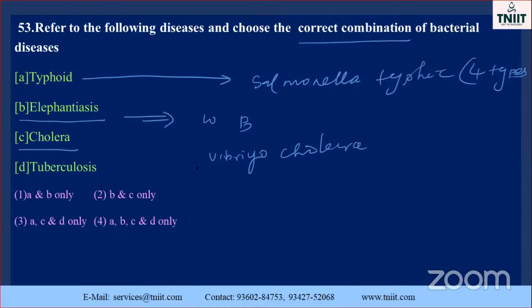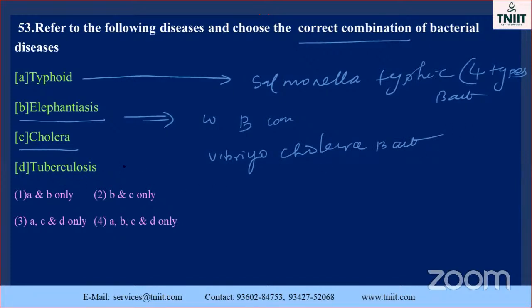Okay. Vibrio cholerae is caused by which one, and elephantiasis is caused by which one? Typhoid is caused by which one? Typhoid is caused by the Salmonella typhi bacteria, isn't it? Elephantiasis is also caused by a worm-like structure, spread by mosquito. Cholera, Vibrio cholerae, bacteria, isn't it?